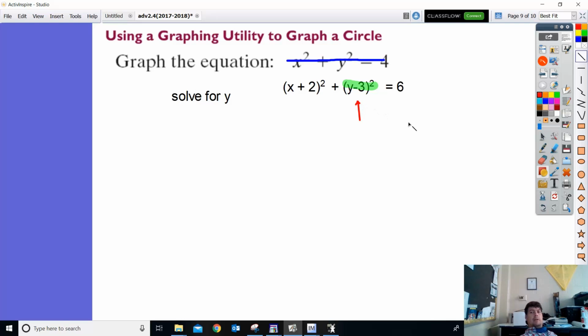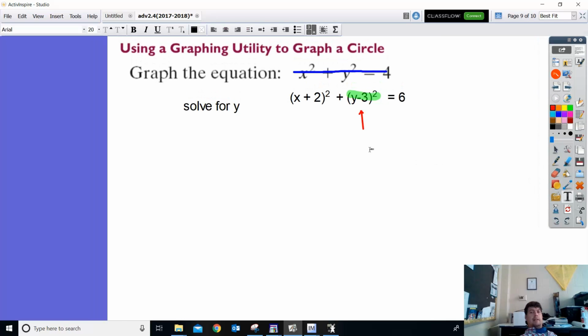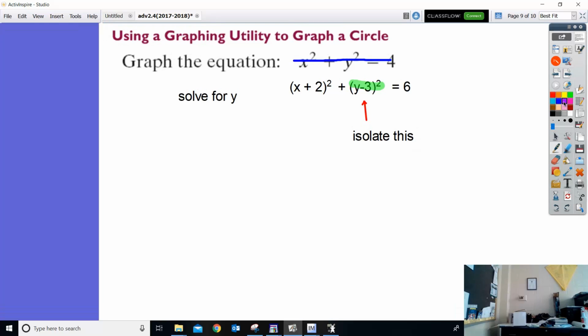Squares are something I can worry about later on in life, but I want to isolate that. How do I isolate that? Kids, just tell me what to do. I know you know what to do. Yeah. So then x plus 2 squared will be the other side.